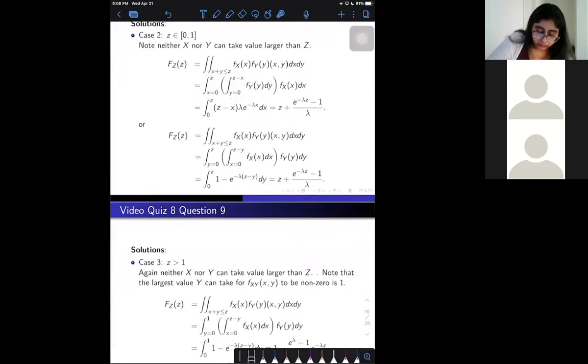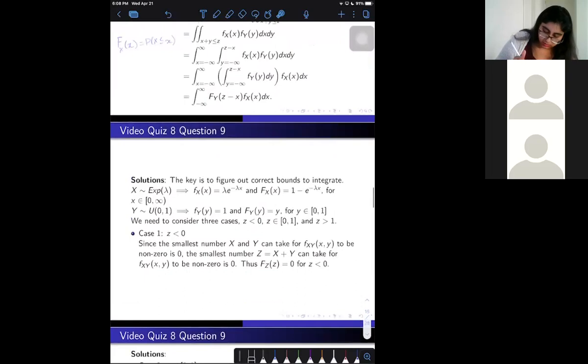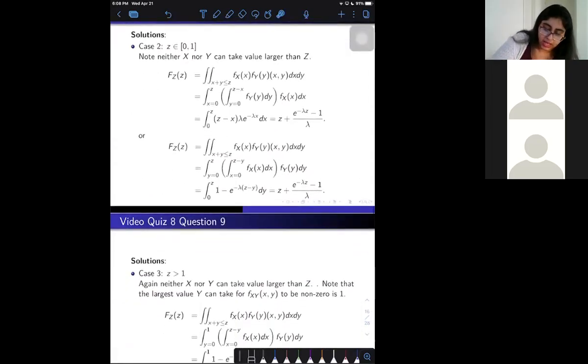We know the marginal for Y is just 1, as we found here. If we integrate Y from 0 to Z minus X of 1 dy, what is it?